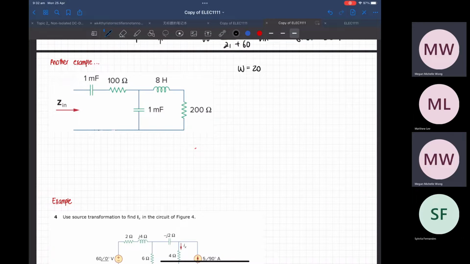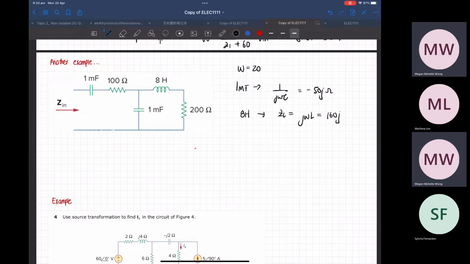So omega is equal to 20, and the 1 microfarad would go to 1 over J omega C, which is minus 50. And then the 8 would go to ZL, J omega L, which is 160.